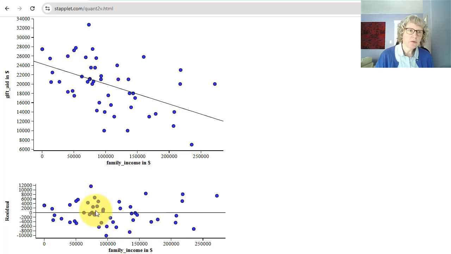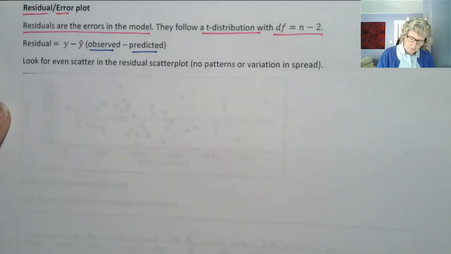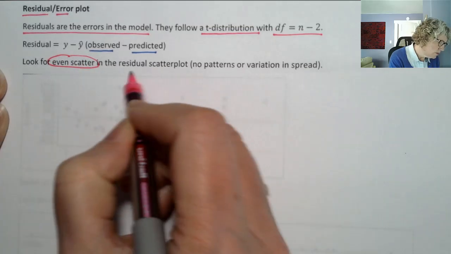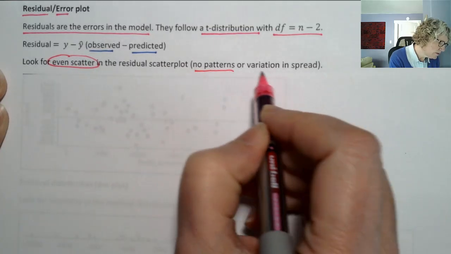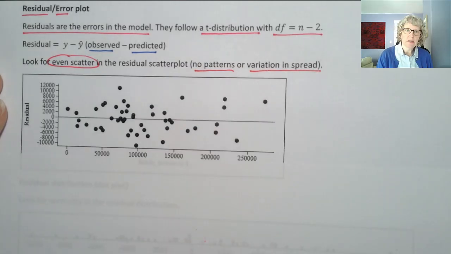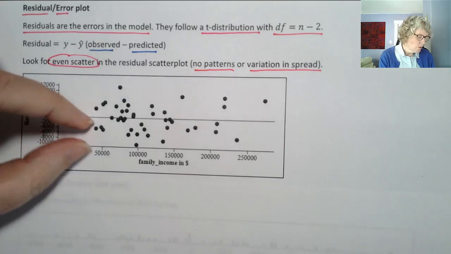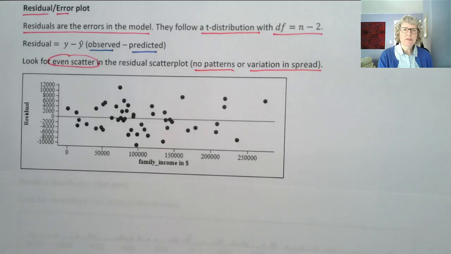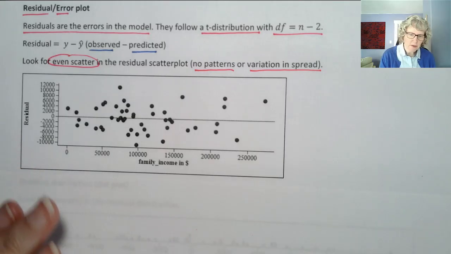So let's go back to the notes for a second here. We want to look for even scatter in the residual scatter plot. No patterns, no variation in the spread, okay? So we don't want to see the spread going from low to high or high to low. We don't want to see any kind of patterns in this, okay?